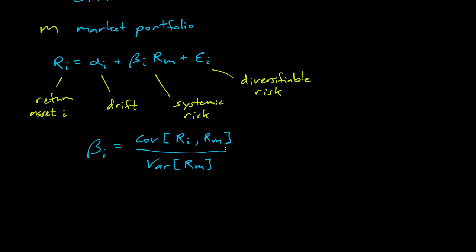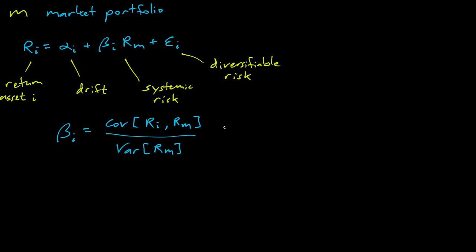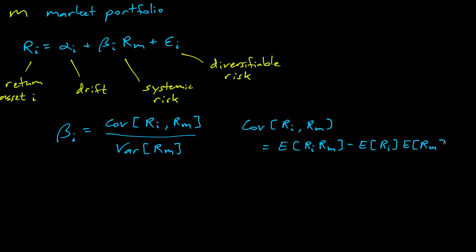So what is covariance and variance? Let's jog our memory here. Covariance of Ri, Rm equals the expected value of Ri Rm minus the product of the expected values. So it's the expected value of the product minus the product of the expected values. We can do a little example here. Suppose that Ri and Rm are totally independent.